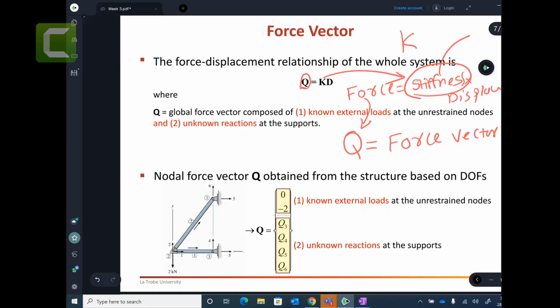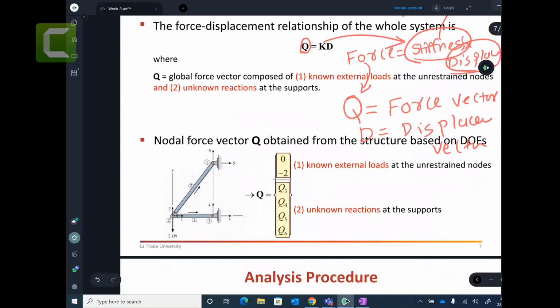Here we have the stiffness matrix, where you have a 6x6 matrix, 4x4 matrix, and so on. I will also teach you how to get the displacement vector. So D is equal to the displacement vector. Again, it is a vector, and it will be only one vertical column. So today, displacement vectors. Now let's talk about the force vector first.